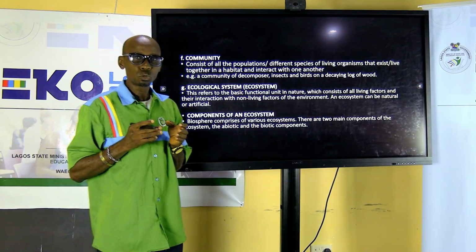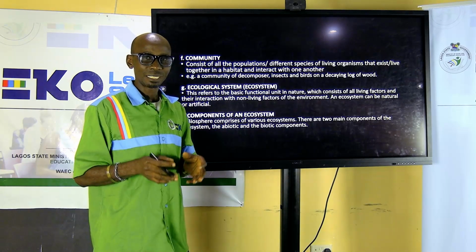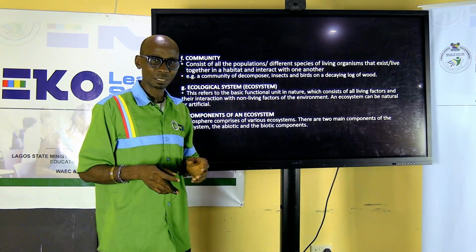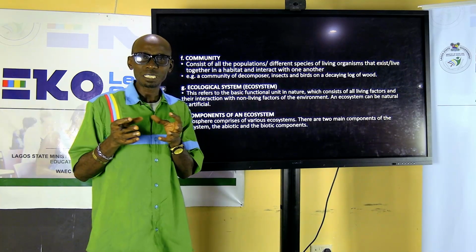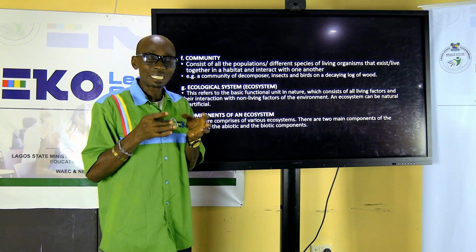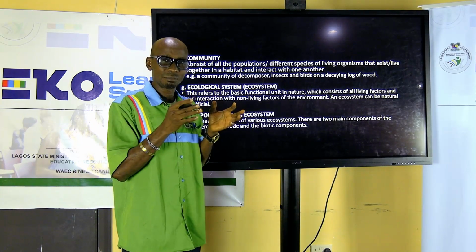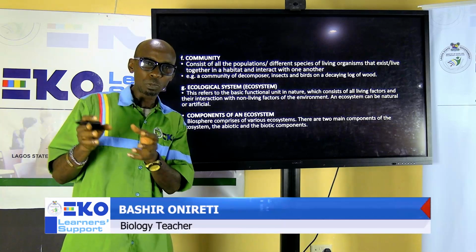Community is a group of different populations living together in the same habitat. For example, in Lagos, we have some localities that are basically for the Hausa speaking part of Nigeria and some that are Igbo speaking parts.